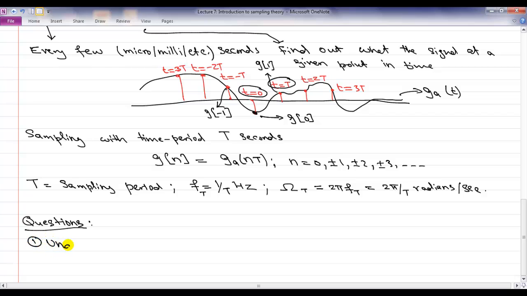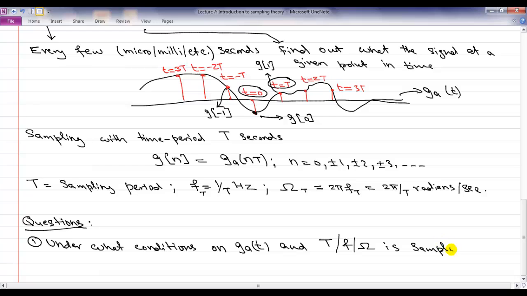Under what conditions on, first of all, the signal g_a(t) and the sampling time, or maybe frequency, or omega, you can be given any one, is sampling a process that loses no information.